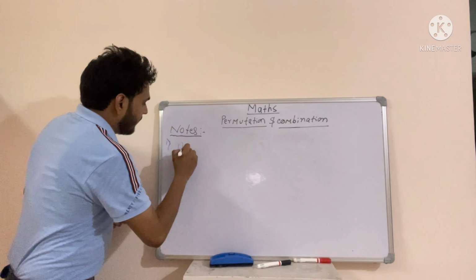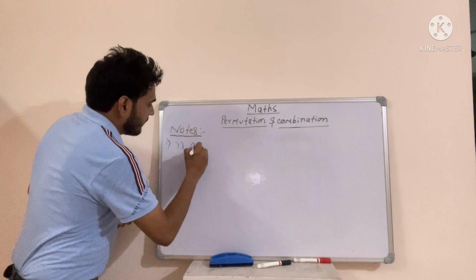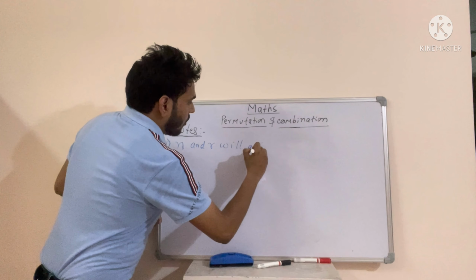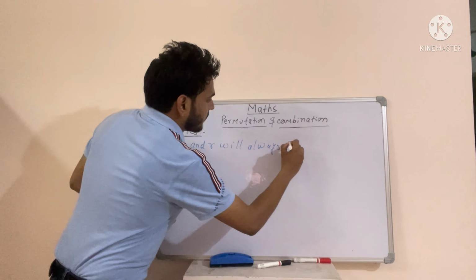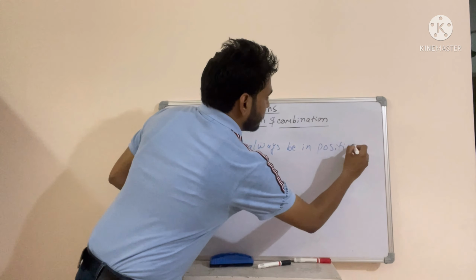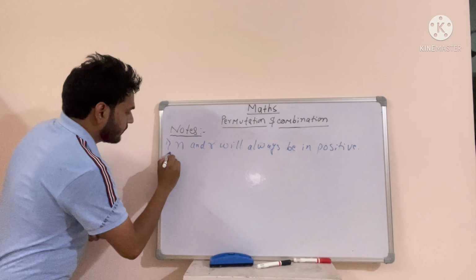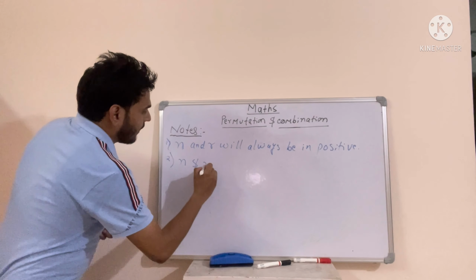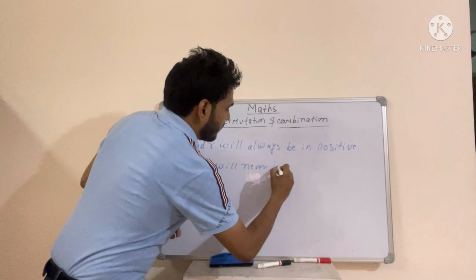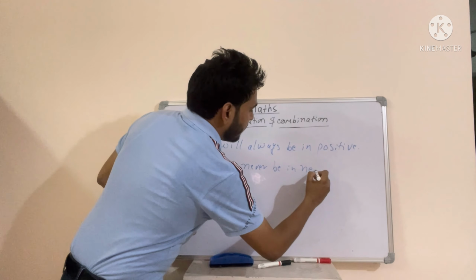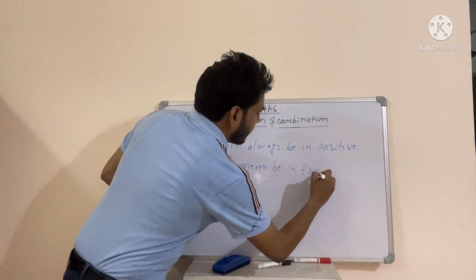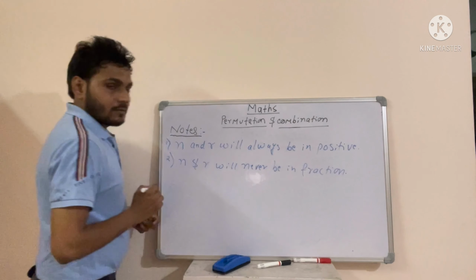Number 1, n and r will always be positive. Number 2, n and r will never be in fraction. Okay.